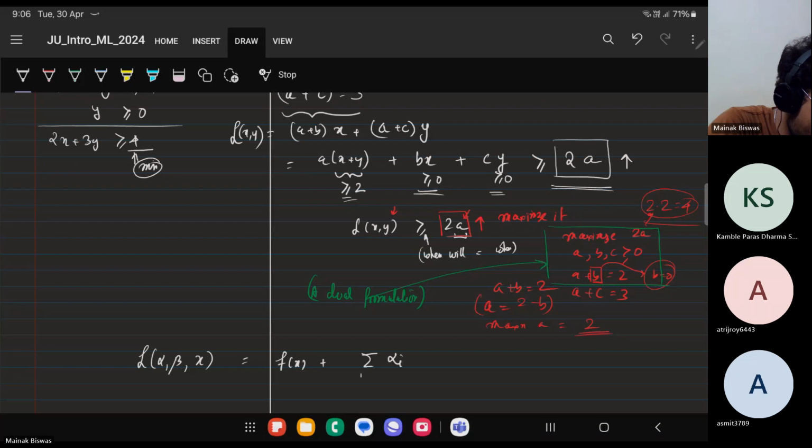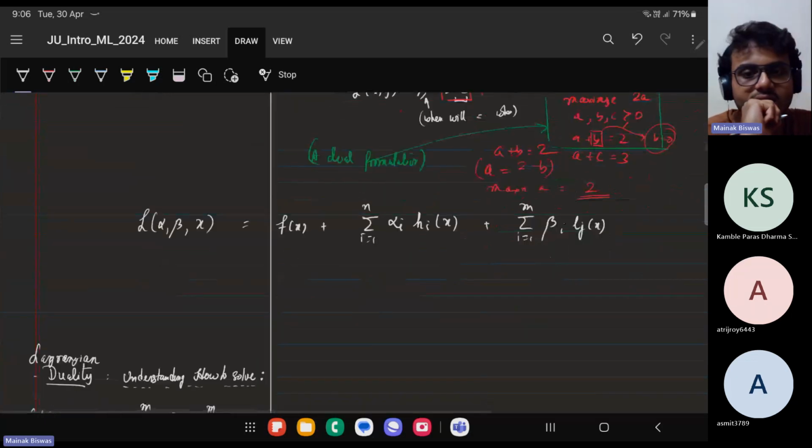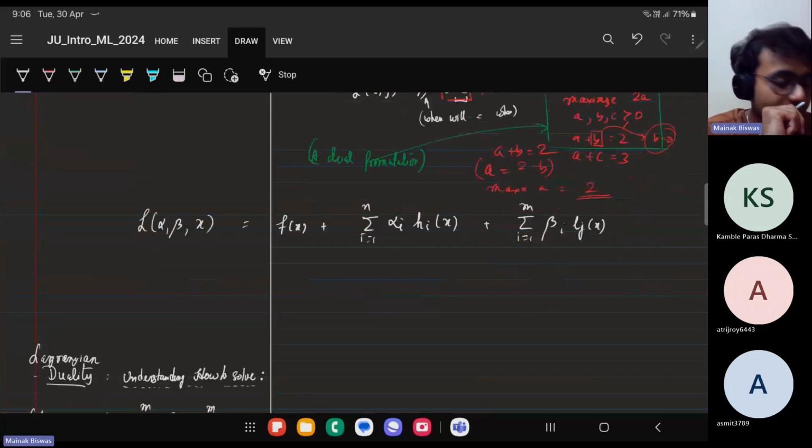So for all these constraints, now I ask you the question, for all these constraints, what is going to be the right hand side?